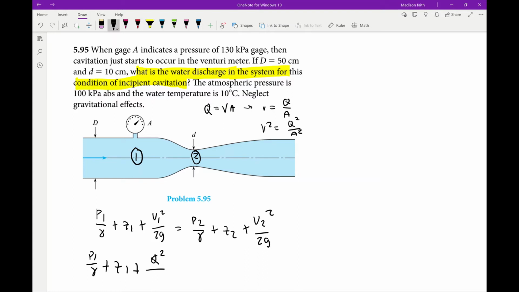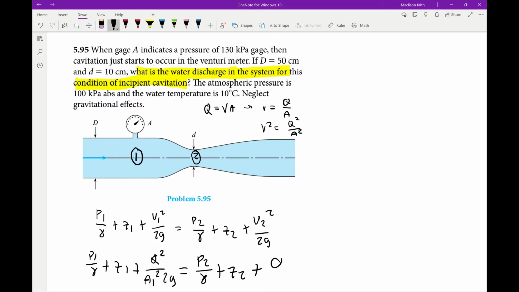So at point 1, the cross-sectional area is different from the area at point 2. So therefore we are going to write it as A1 squared over 2g. Remember to include that 2g from the original Bernoulli equation. Okay, so let's rewrite the second half of this equation.